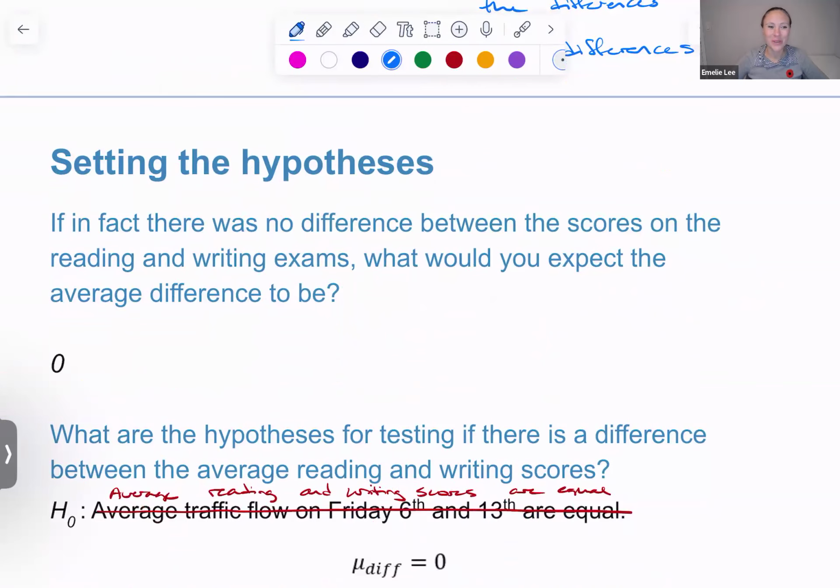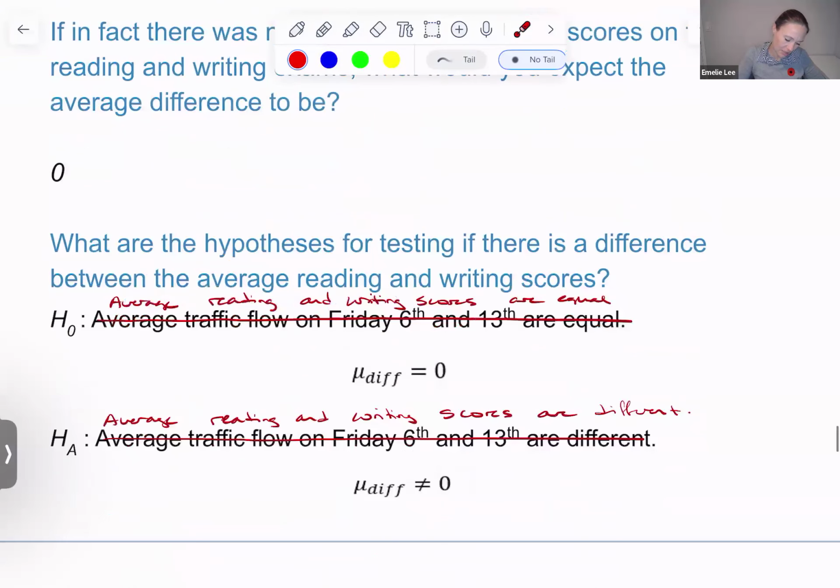To get to our hypotheses, let's think about this. If there was no difference between the scores on the reading and the writing exam, so if they're the same, 57 and 57 let's say, then the difference would be 0. The same thing would be true for the average, so you would expect the average difference to be 0. I did change this because it seems they copied from the wrong question.